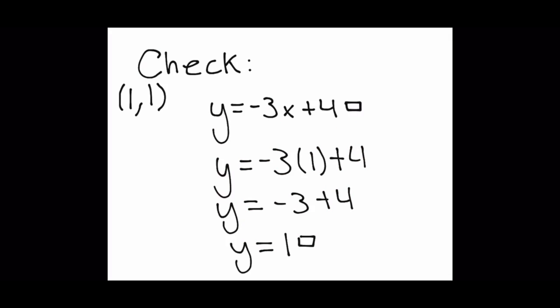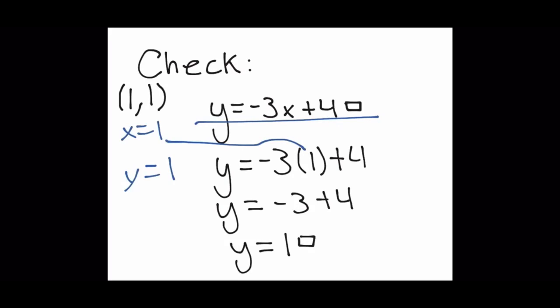To make sure my equation is right, I will take one coordinate, x equals 1 and y equals 1, and I'll put x into the equation to check it. So this is our original equation. When we input 1 into the equation, it would be y equals negative 3 times 1 plus 4.